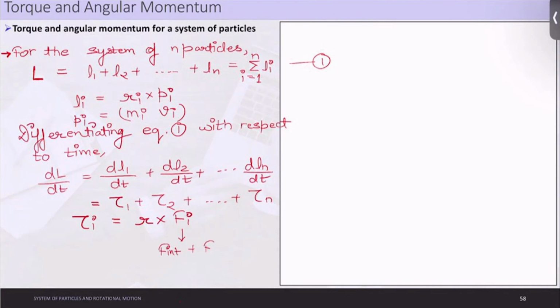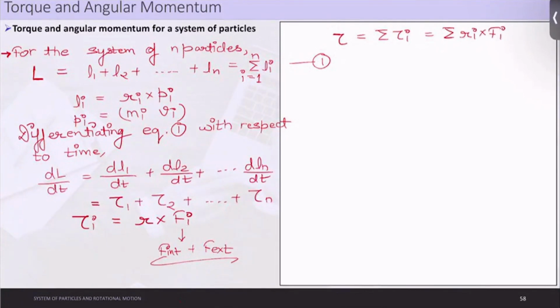Now we are trying to relate the concept we understood for linear momentum to the concepts of external torque also. So I will go slowly. Complete tau is nothing but the summation of tau i, which is the summation of ri cross Fi.